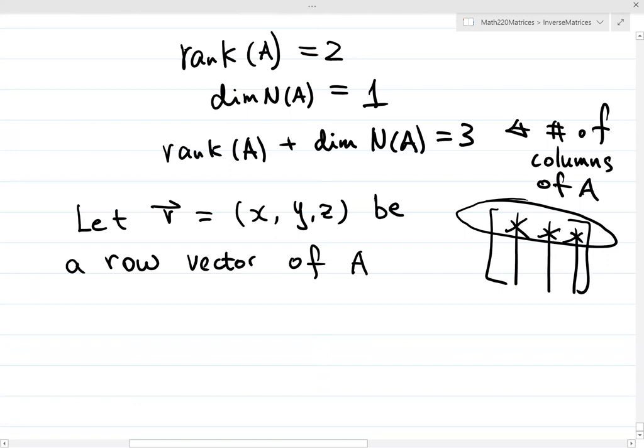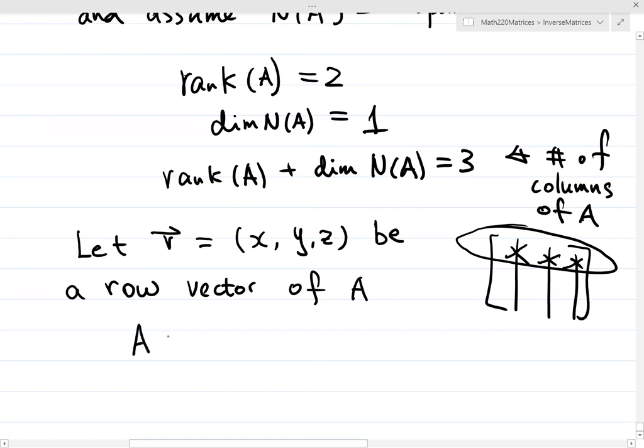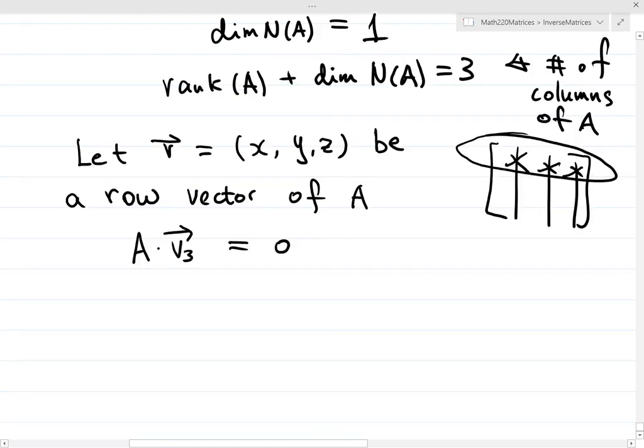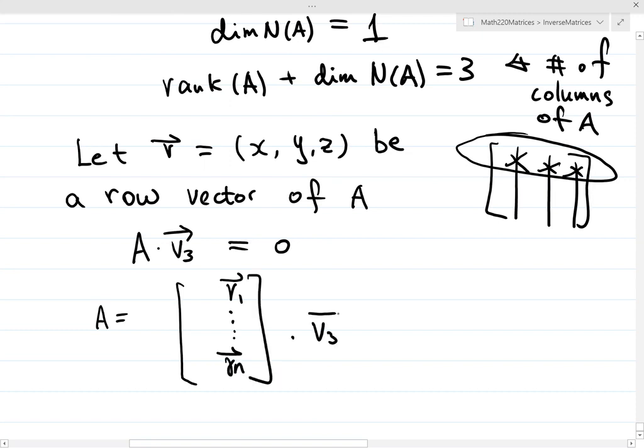Now we need to make sure that the null space, okay, A times V3 is 0. Now, if you use the row picture, if you write A as R1, R2, we don't know how many rows there are, Rn, for instance, times V3, then what you get is R1 dot V3, R2 dot V3, up to Rn dot V3.